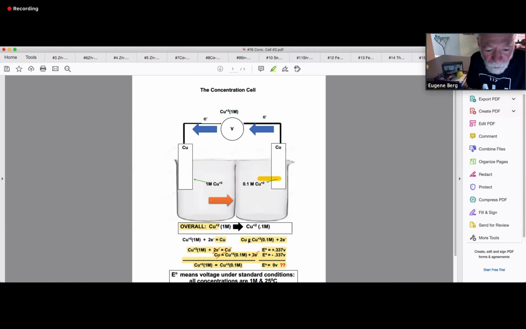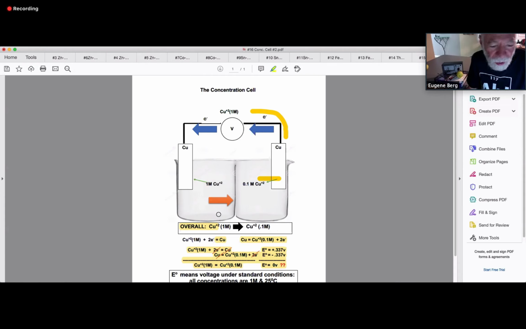And so look at the half reaction I've written below. The copper metal is going to produce copper plus 2 ions, which originally is 10th molar. Now, to have a balanced half reaction, it's going to produce electrons. Where are those electrons going to go? They're going to flow through the wire. So that's how the right-hand compartment can produce extra copper plus 2 ions.